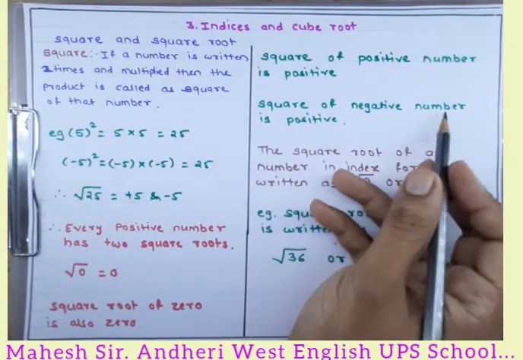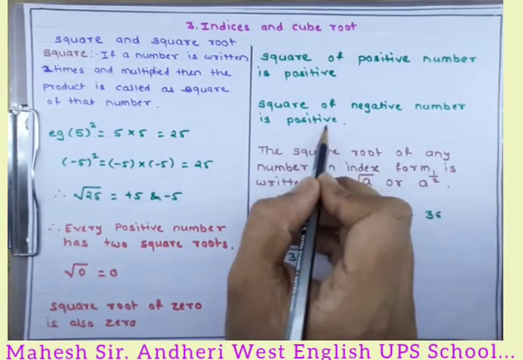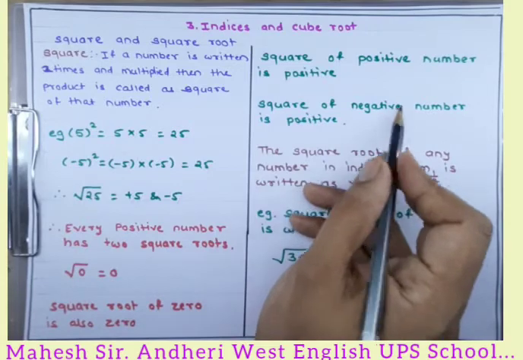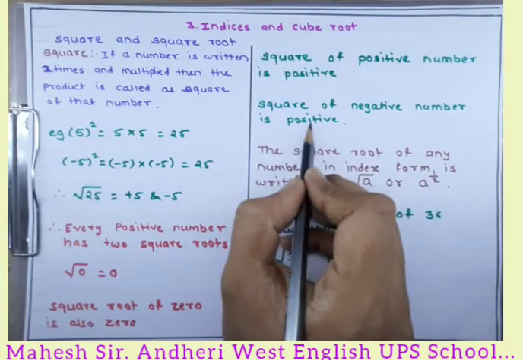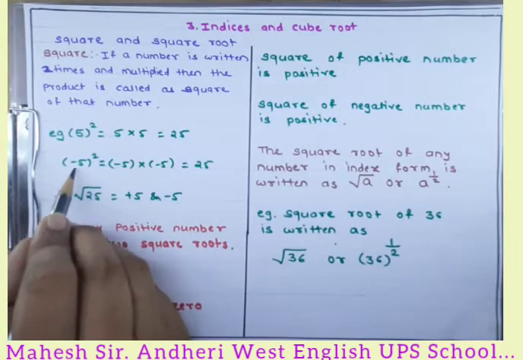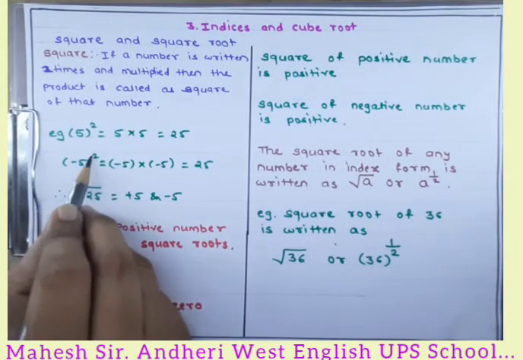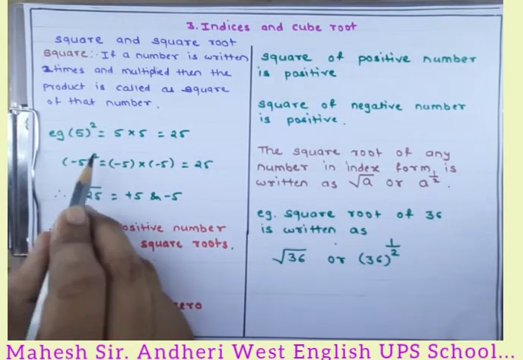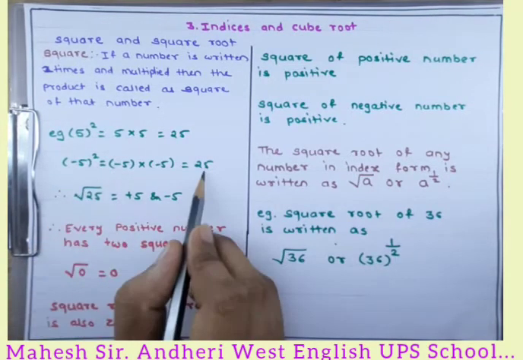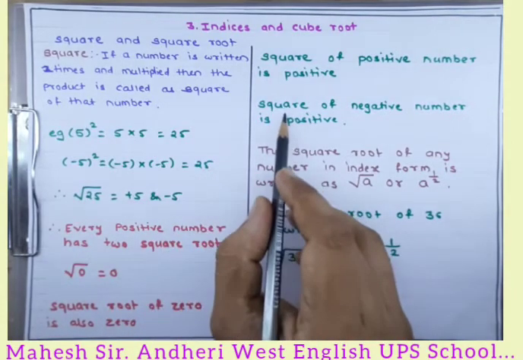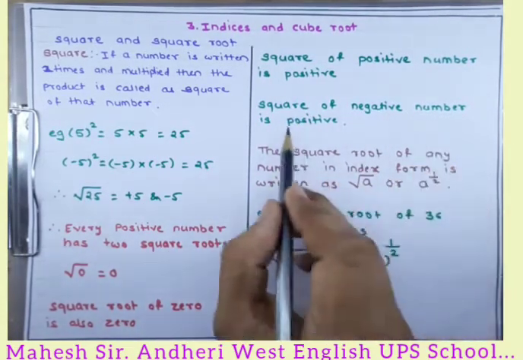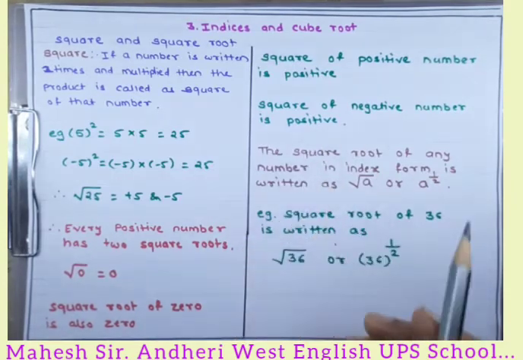The square of a negative number is also positive, right? So if a negative number is there, then its square will be positive. Here the example is minus 5. Minus 5 is a negative number, and if we do the square of minus 5, then we will get the answer plus 25. So this rule: the square of a negative number is positive.